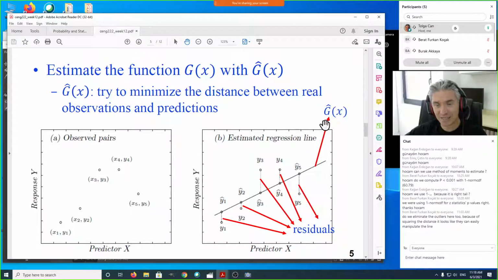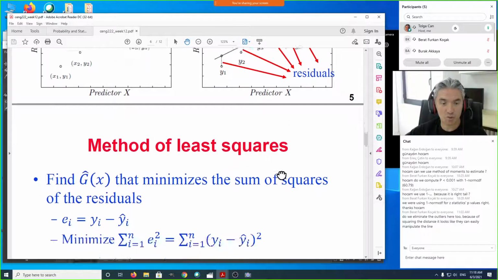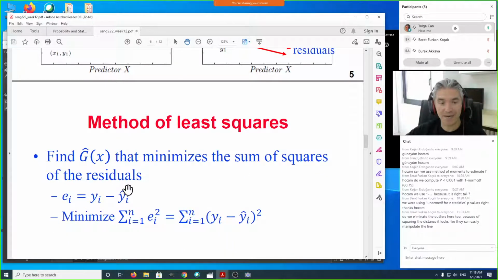Find g(x) in which these residuals are going to be as small as possible. It's not possible to make them 0, as you can see. Since we have 5 points here, we cannot draw a line that passes through all 5 of them. They're not collinear. Therefore, there is no such line. So we're bound to make some errors. We're bound to have non-zero residuals, and our goal will be to minimize that.